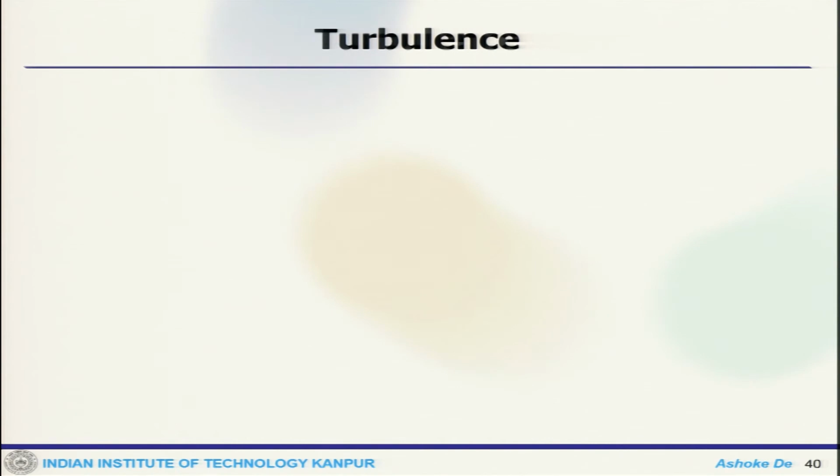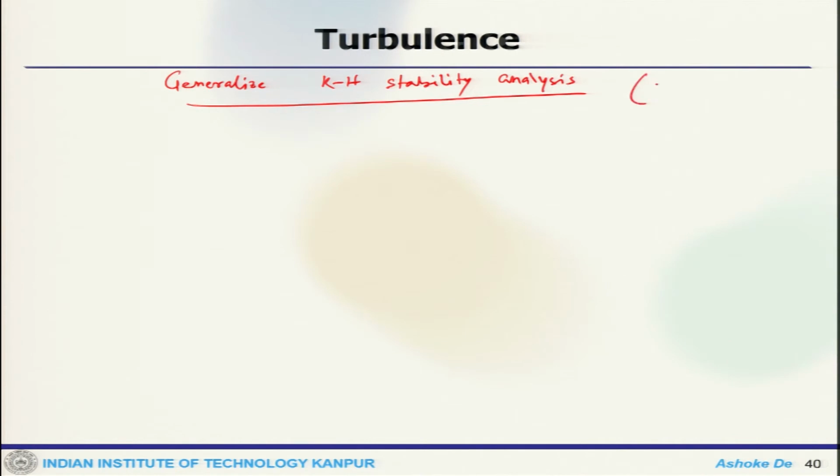Now, we try to generalize Kelvin-Helmholtz stability analysis. So, if we try to generalize, we again assume one dimensional inviscid flow.